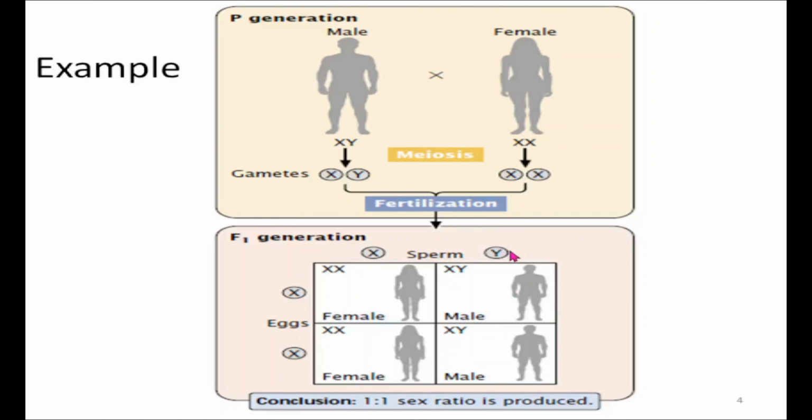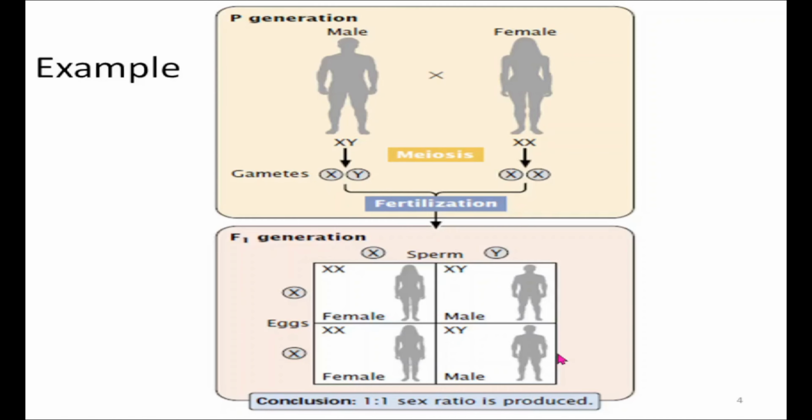If Y comes from the male and X from the female, then XY, the individual will be male. The ratio is 1 to 1, because XX female, XX female, 2 females, and XY male, XY male, 2 males. So 2 to 2 ratio means 1 to 1. The probability is equal.